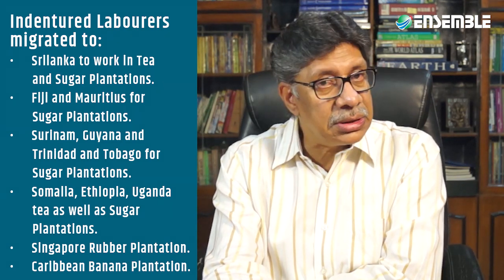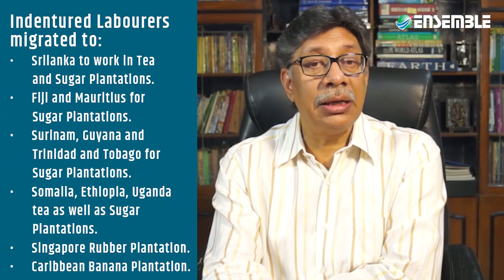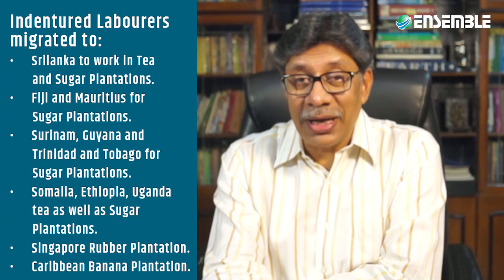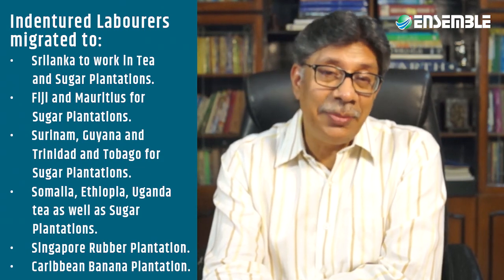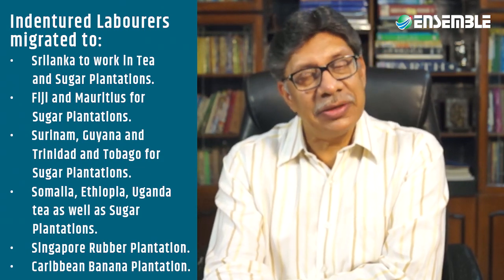Some of them were taken to work on rubber plantations in Singapore. Singapore was a part of India, and because the British couldn't pronounce it, they called it Singapore. We are a slave, that's the reason we keep on pronouncing the same way as the British named it. Any name that the British had given, we carry on.